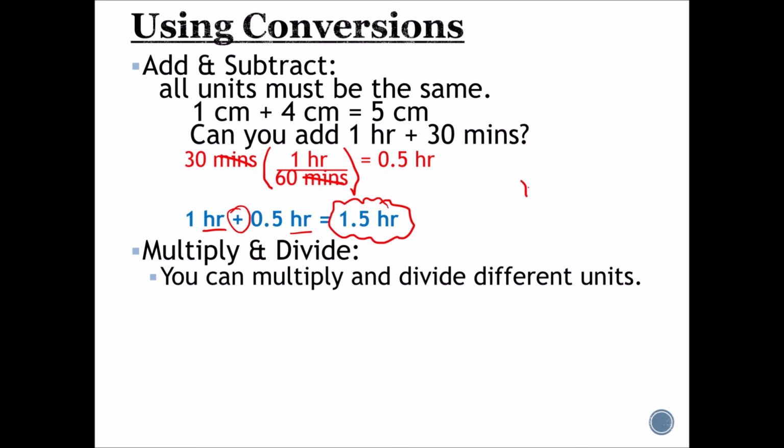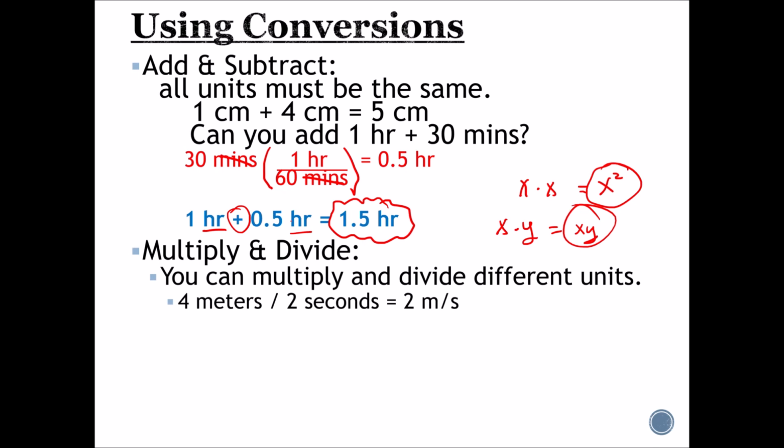For example, if you had x times x, then you get what? You get x squared, right? And you can do that. If you had x times y, well, you get xy. It's the same thing. So here, 4 meters divided by 2 seconds will give you 2 meters per second for your units, meters per second.